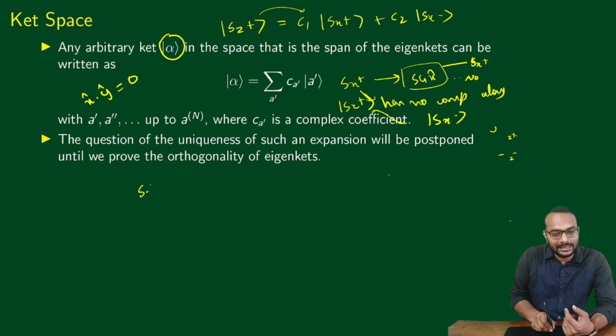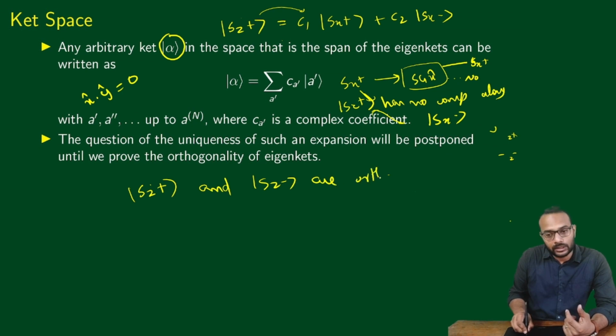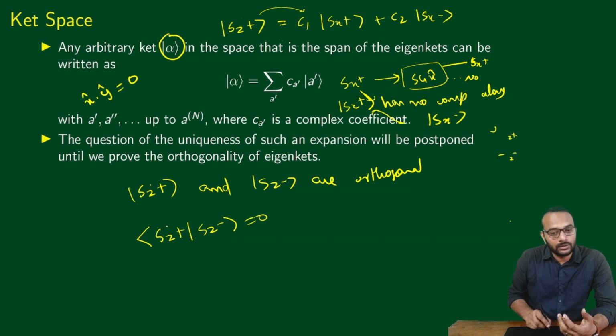So we said that the states Sz plus and Sz minus are orthogonal. In quantum mechanics, we'll denote it like this: Sz plus, Sz minus, is equal to 0. This is how we'll define an inner product using the Dirac notation. Now, this object is slightly different from this object.